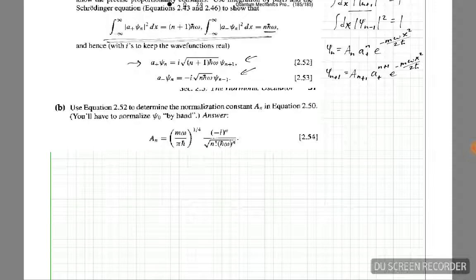So let's go ahead and get into it. We're going to start with the raising operator. My goal here, because this is the problem, is to show that this is the case. In order to show that, that does not mean that I just declare that the raising operator and the lowering operator are Hermitian conjugates of each other. That's not the point of the problem.